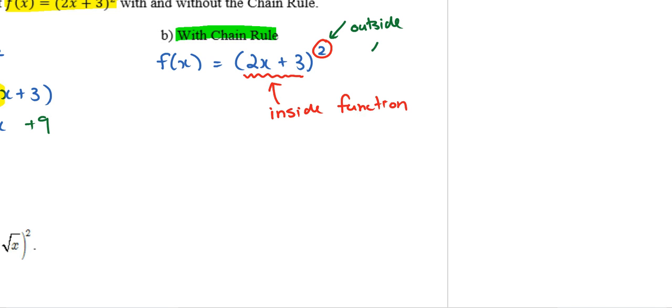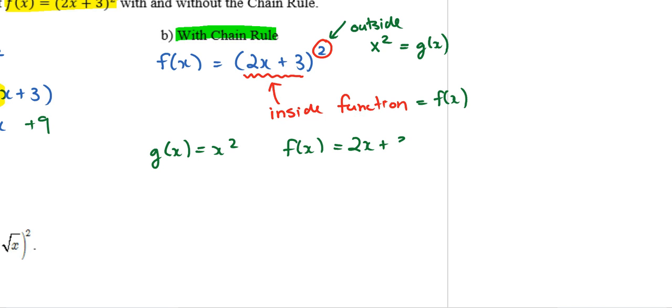So it could be x squared, for example. So let's just say x squared equals g of x, and let's say your inside function is f of x. If I rewrite this, g of x equals x squared, and your f of x function would be 2x plus 3.